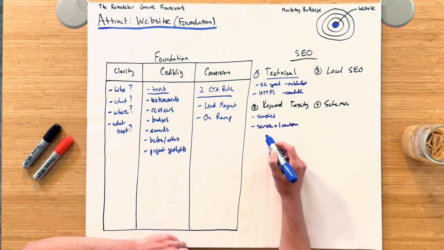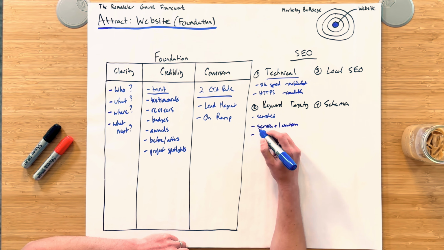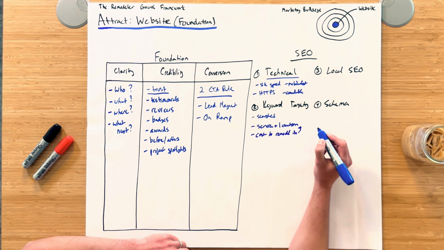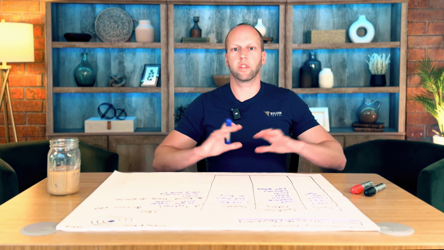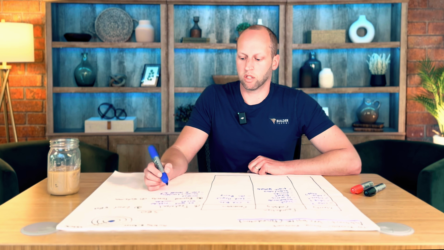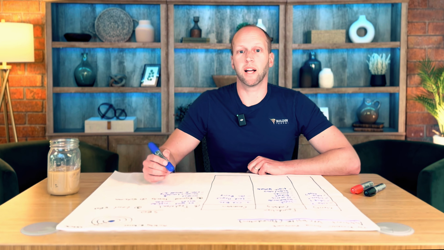So again, kitchen remodeling in Colorado Springs, those types of terms, but it could also be like cost to remodel in a location. And so you're going to have dozens, hundreds of variants of things that people are searching while they're remodeling. But these service plus location terms, we tend to call those money keywords because they typically have very high intent.